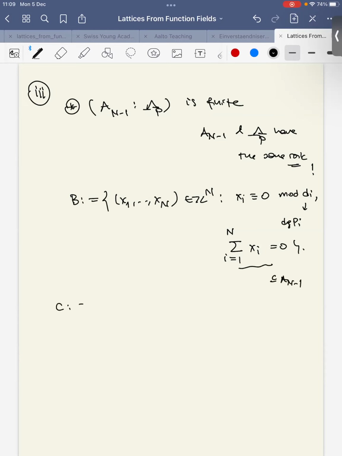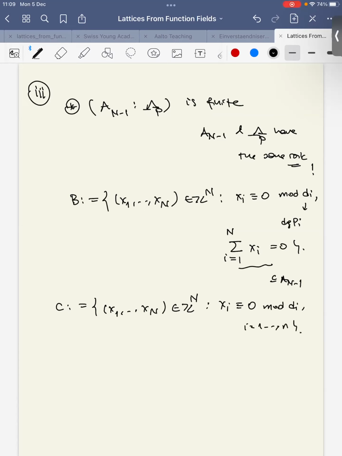And the second lattice we will consider is again an integer lattice, where the coordinates are 0 modulo d_i.